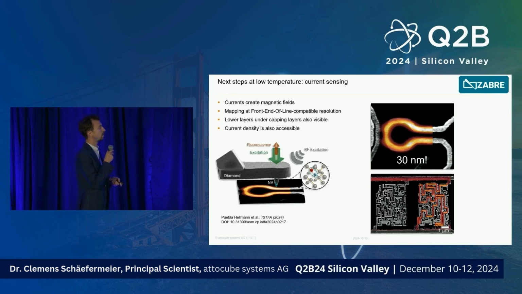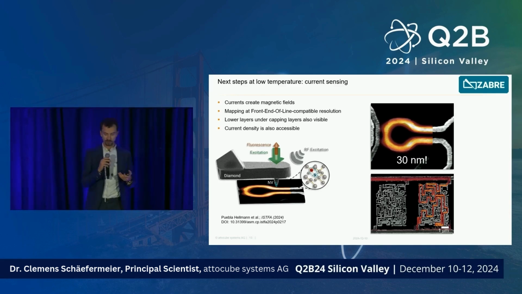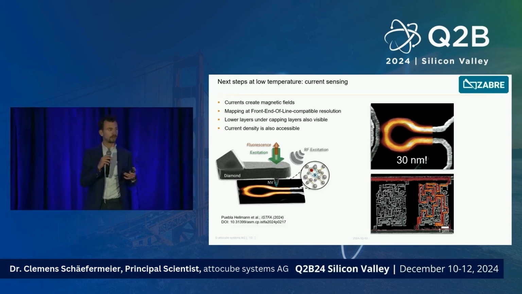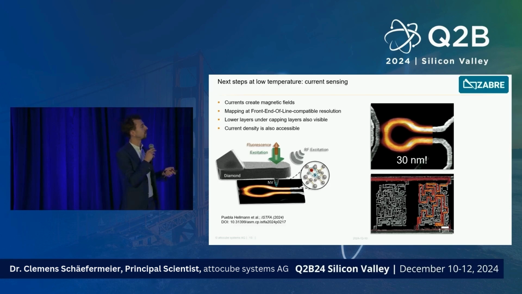Right. So now on current sensing, so well, magnetic fields and currents are somewhat intimately related to each other. And our colleagues from Q2B showed here first at room temperature that you can image and resolve current flows down to 30 nanometers with that exact technology.